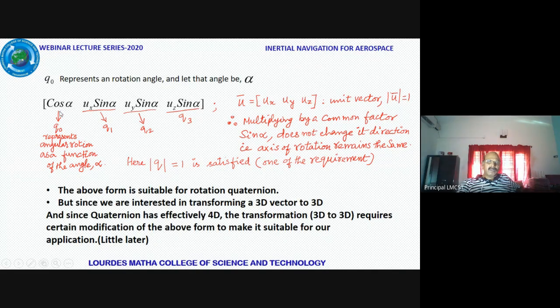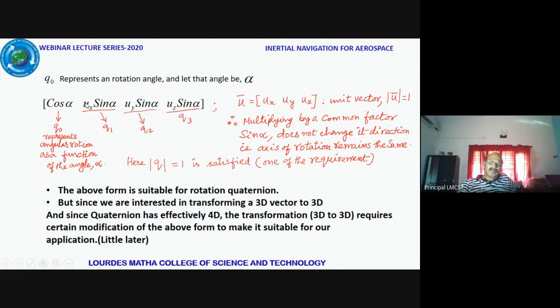The Q0, we have already said, represents the amount of angle to be rotated about an axis given by these three elements. Fine, let that angle be called alpha. And then suppose I call this element cos alpha and multiply these three elements by a common factor sin alpha.